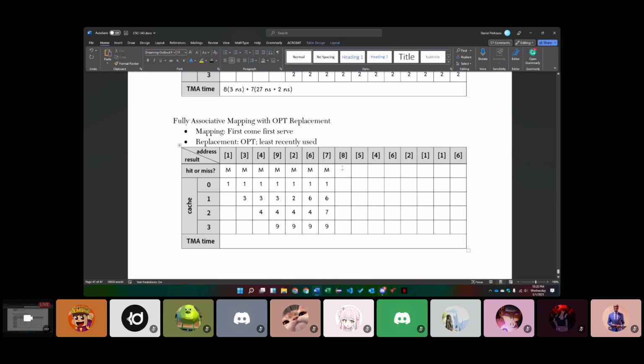Again, 8 is a miss. 1, 6, 7, 9. Found 6, found 1. 7 and 9 are never going to be used again, so let's replace 7.